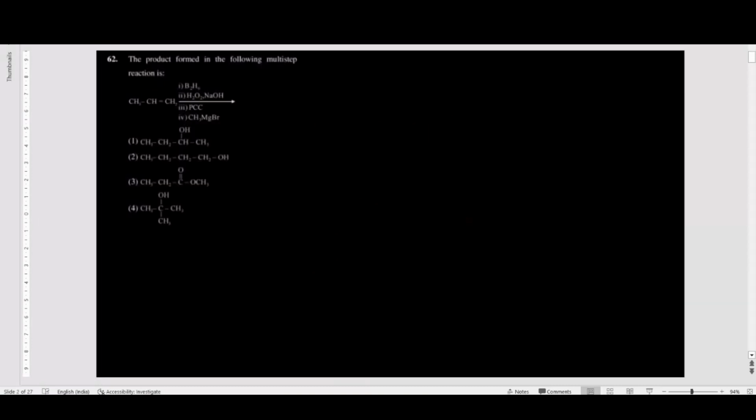So first question is this. They are asking the product formed in the following multi-step reaction. This is a simple reaction, right? Let me write it over here.